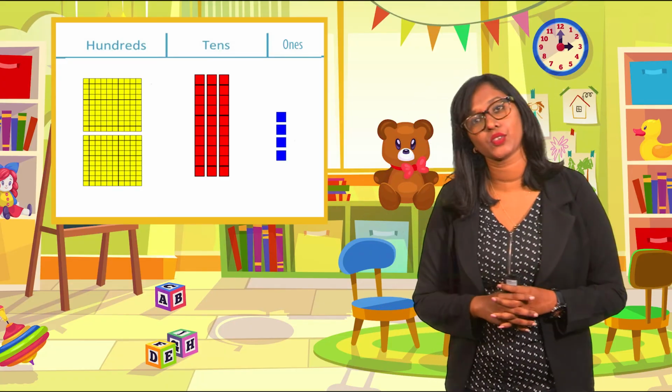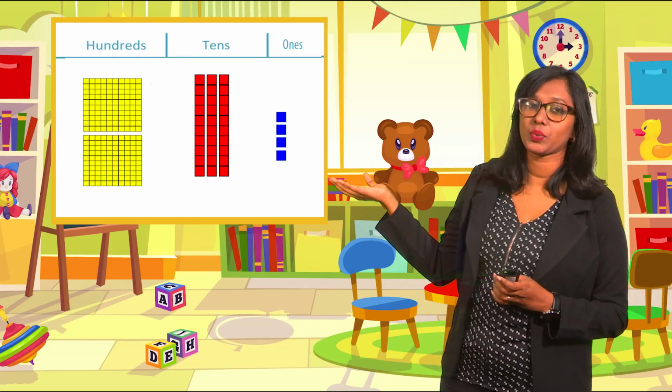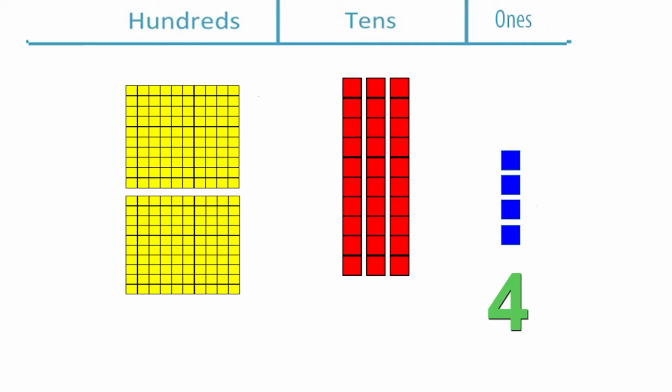So tell me, boys and girls, how many ones do we have? 4 ones. How many tens do we have? 3 tens. And how many hundreds do we have? 2 hundreds. So our number will be 234.